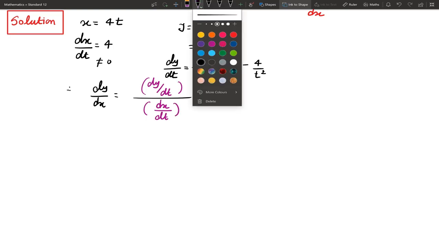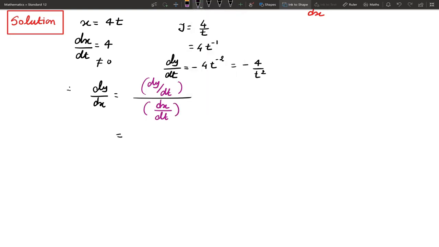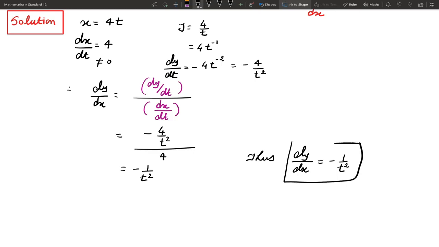So we substitute values for dy by dt, minus 4 upon t square, upon dx by dt, 4. So simplification is minus 1 upon t square. Thus dy by dx it is minus 1 upon t square.